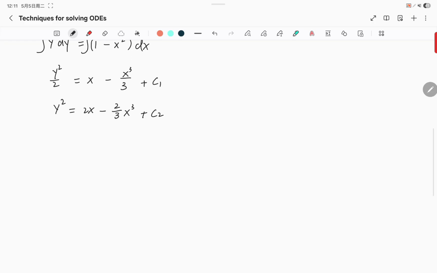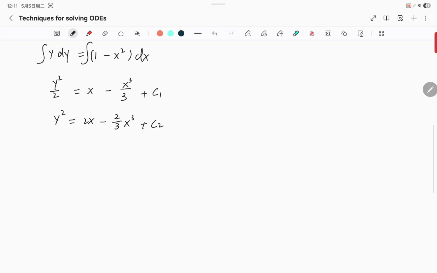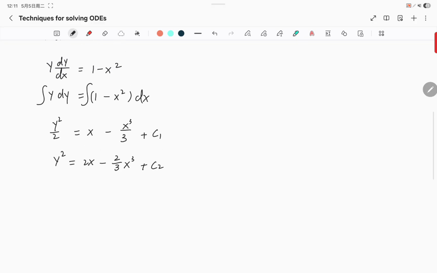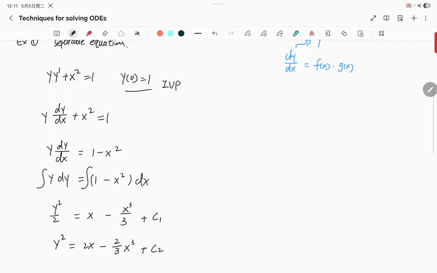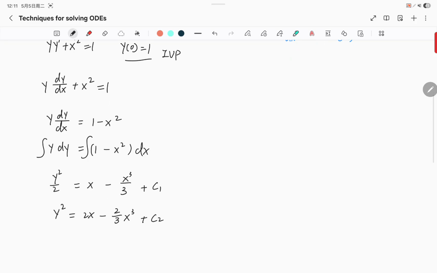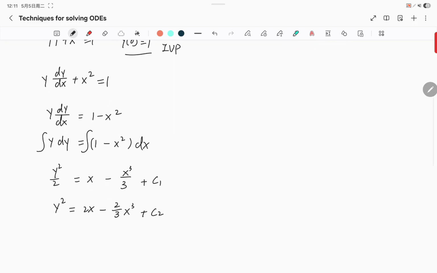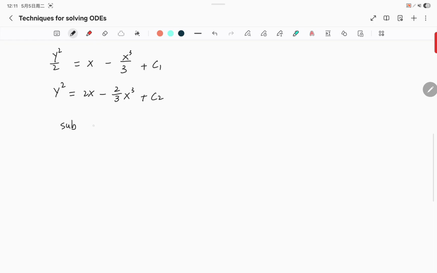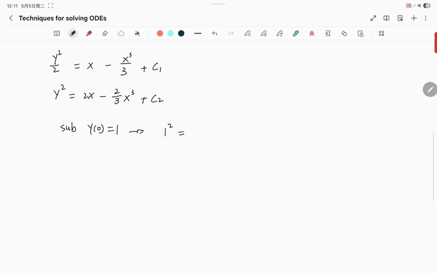Now we don't have to take the square root of y, because we can just use y squared and then plug in y of 0 is equal to 1 to solve the IVP. This is much easier than having a square root over the whole thing. So we sub in y of 0 is equal to 1. This gives me 1 squared is equal to 2 times 0, so that's 0, minus 2 over 3 times 0 to the 3, that's also 0, plus c2.